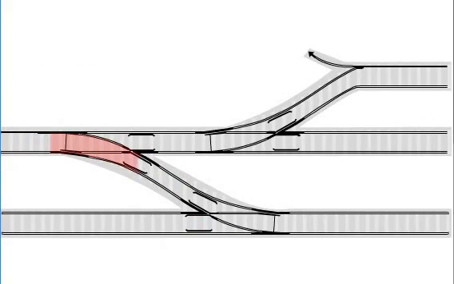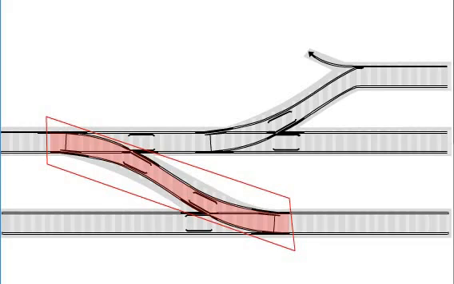Crossover. A crossover has points at both ends which allow movement from one line to another when the points are set in reverse. When points in a crossover are set to normal position, diversion of movement is not possible.